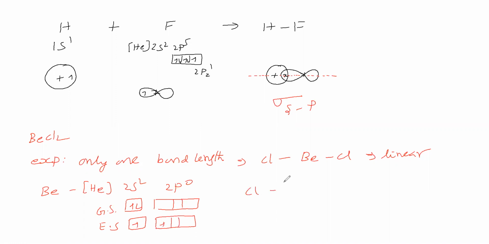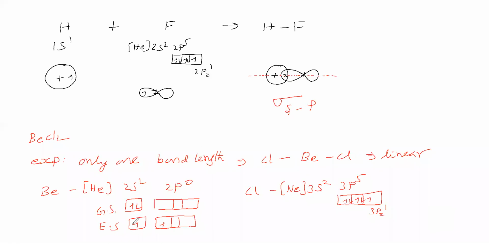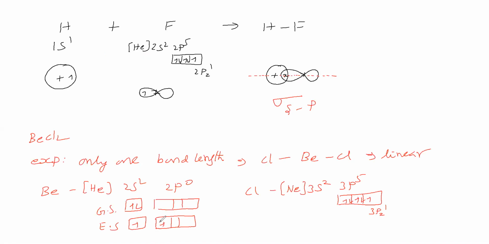Then chlorine, atomic number 17, has electronic configuration neon 3s2 3p5. 3p contains 3 orbitals, and the pz orbital contains 1 unpaired electron. Okay. Now we will go for the structure. In beryllium chloride, we consider the beryllium nucleus, with one unpaired electron present in the 2s orbital and one unpaired electron present in the 2p orbital.